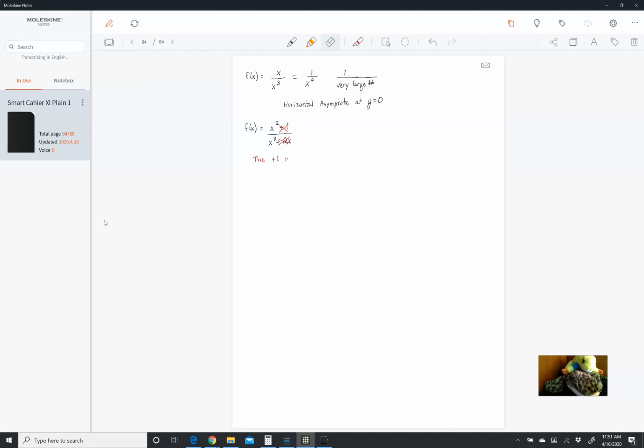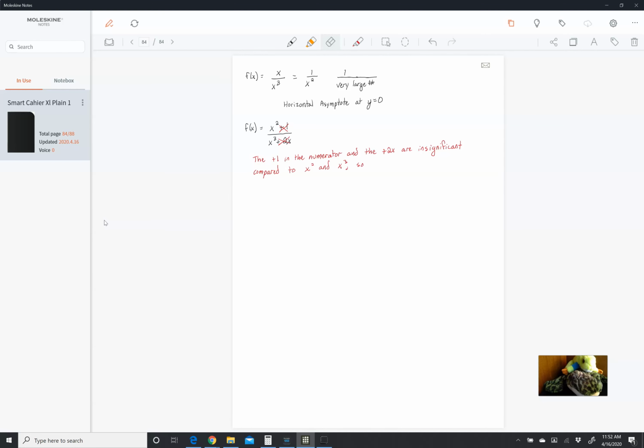The plus 1 in the numerator and the plus 2x in the denominator are insignificant compared to x cubed and x squared, or really x squared and x cubed.